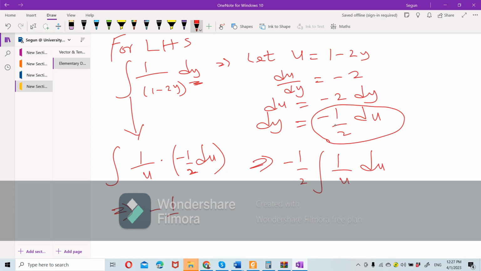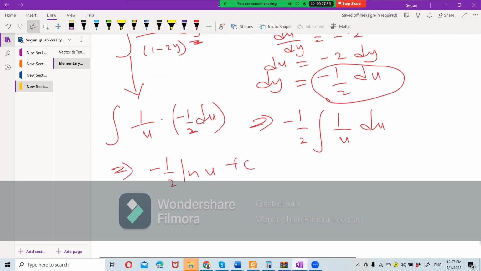If I integrate 1/u, what do I have? Ln u. Ln u plus c.